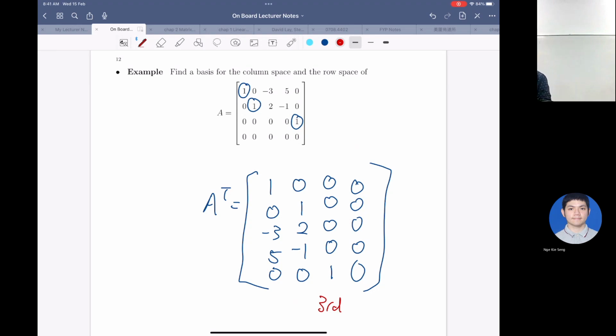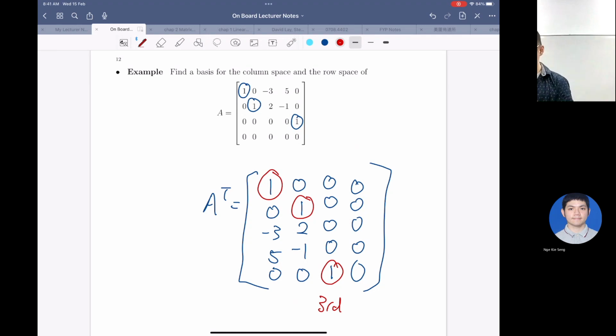Yeah, just third for now. Okay, because this is not even an echelon form yet. Okay, but you can see that if you pick the first one and the second one, you can make everything below 0 as well, right? Okay, so in fact, the pivot columns before transpose are the same as the pivot columns after transpose.